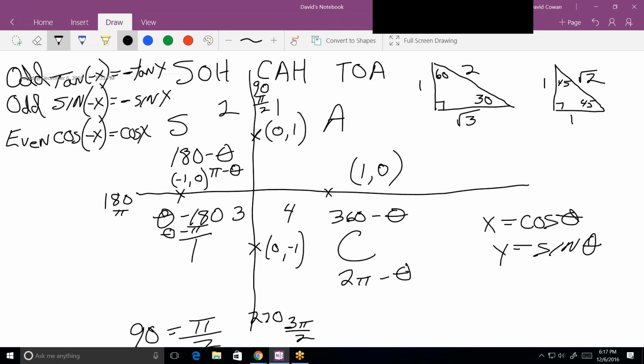So if I said to you, what is the tangent of 4 pi over 3? Which quadrant are we in? Third. So which equation do we use? Tangent. Well, we use theta minus pi as our conversion.